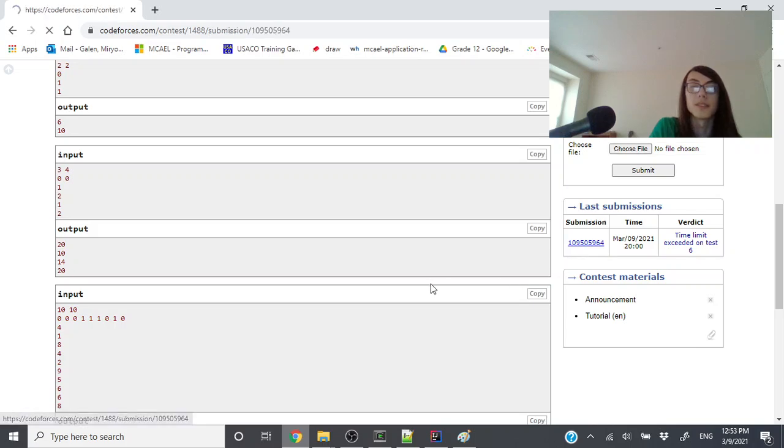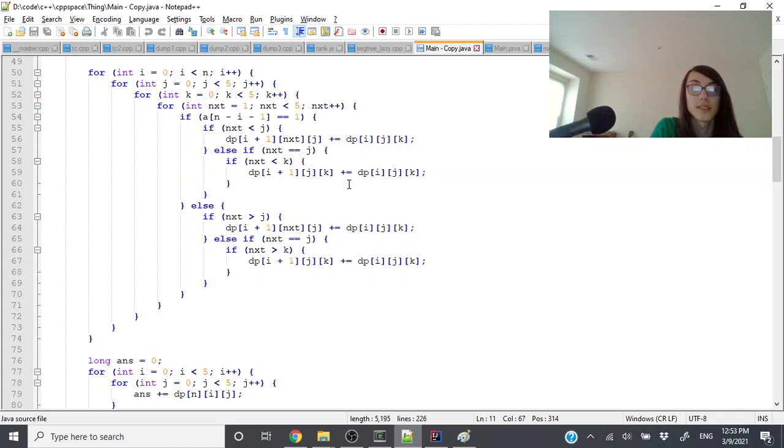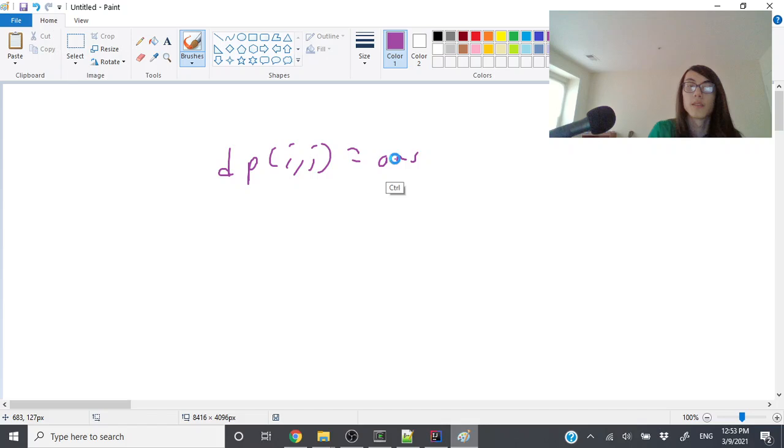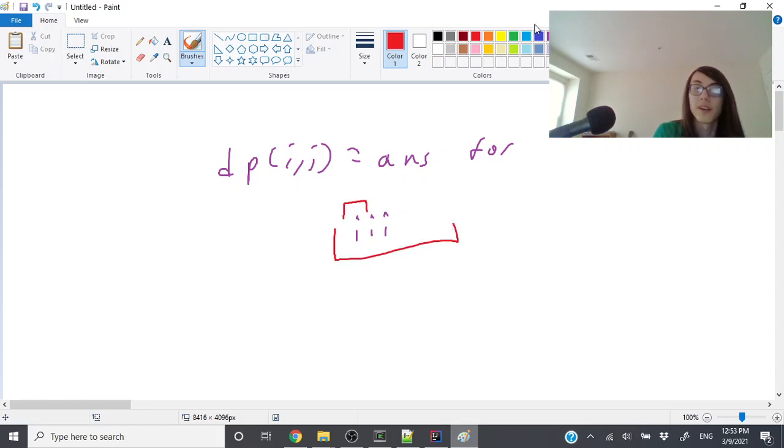But basically the idea was you make a DP recurrence, for example, like this, where DP of I and J is the answer for a string where the first unique character is I, and then maybe you have a bunch of I's, and then the next unique character is J. Then the transition is sticking a new character on.